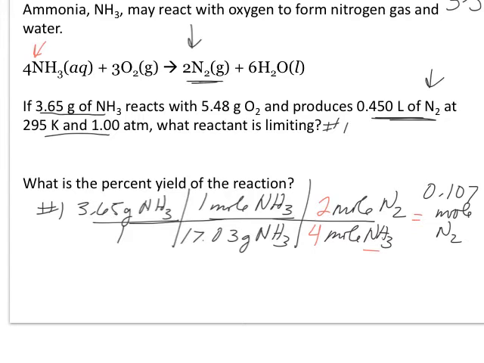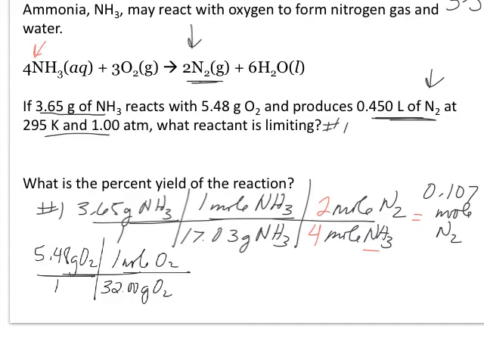And now we have to do the same thing for our oxygen. We are given 5.48 grams of oxygen. And we look at the periodic table, 16 times 2, 32.00 grams of oxygen for 1 mole of oxygen. And then we're going to go from mole of oxygen to mole of nitrogen.